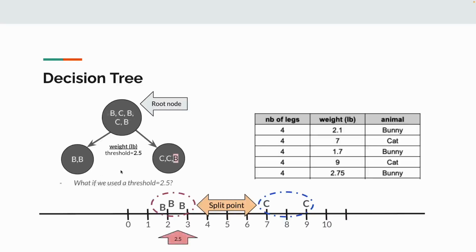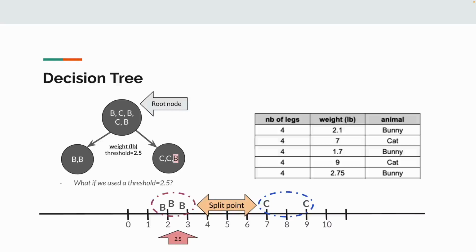Let's say for some reason you chose the split point to be 2.5. You can clearly see that this bunny won't be able to go to its corresponding cluster. One of the bunnies will go to the right cluster, but that is still okay, because you will learn that you do not always need to perfectly split the data.